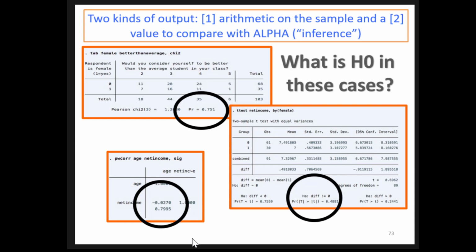You just want to know what it is. In principle, all the values here above 0.05 are the same. It all means H0 is supported, and all values below 0.05 mean H0 is rejected. So there is no preference for, I'm looking for a 0.9 or anything like that. It's just checking if it's above or below 0.05.